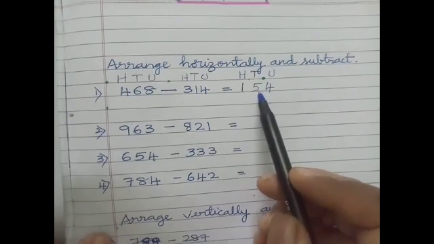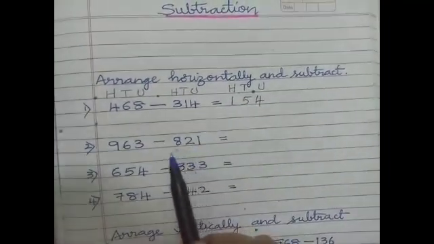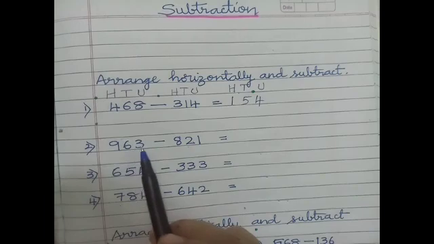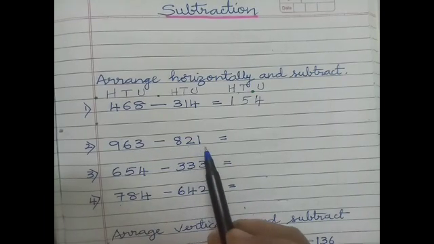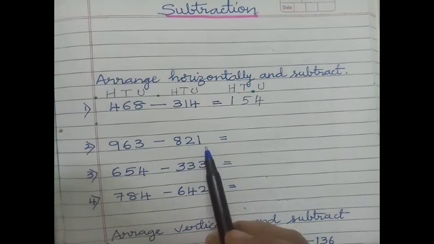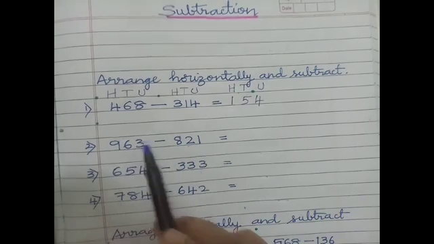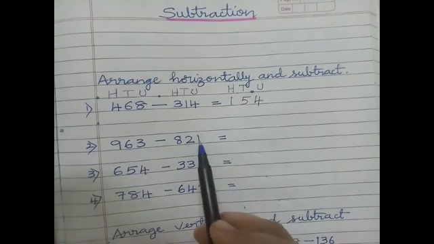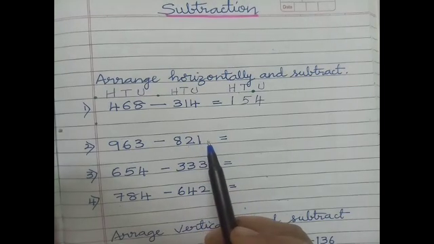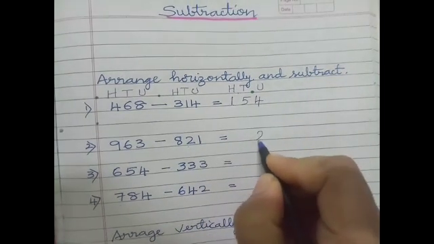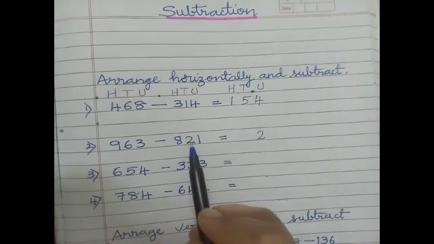Yes. In a similar way, we are doing the next sum here, that is 963 minus 821. For that you have to subtract the units place first. 3 minus 1. After 1 you get 2, 3. So the answer is 2. And in the tens place, 6 minus 2.